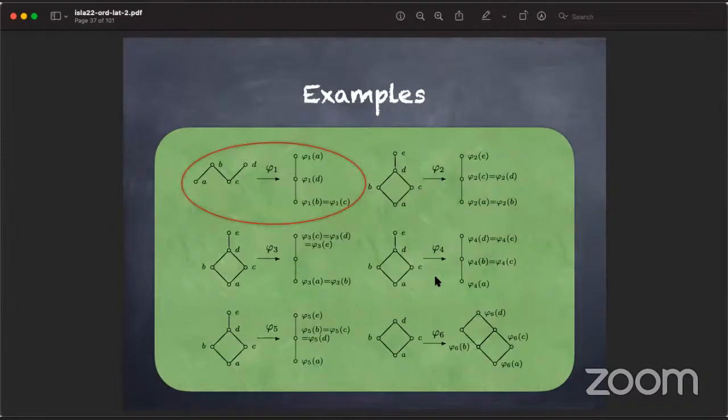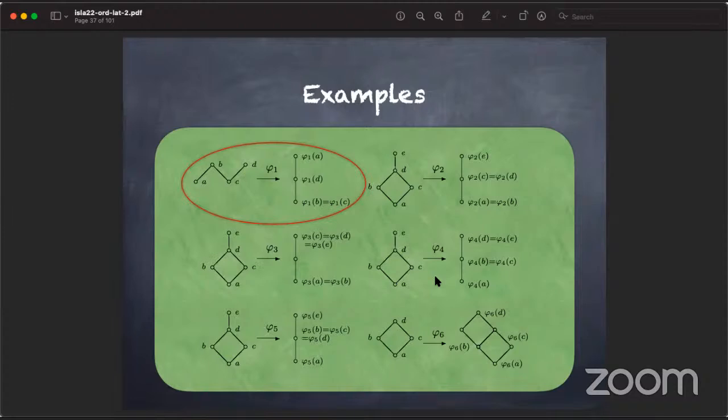Once again, consider B and C. Does it preserve meet always? Is phi of B meet C equal to phi B meet phi C? No, it is not. So phi 5 is also not a lattice homomorphism.